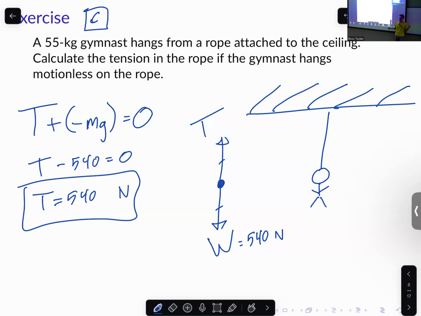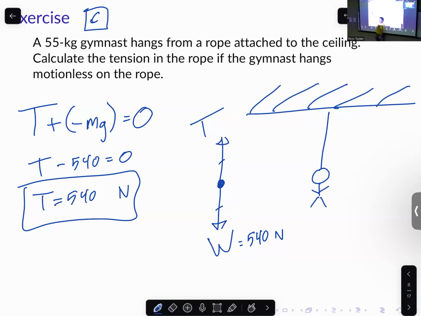This isn't every problem we're going to do, but these are some of the problems we're going to do. Let's review again the steps that we did. Sketch it, think about the identity of forces. Write down the identity of those forces with little labeled arrows, showing which way. Write down Newton's law. In this case, there is no acceleration, so the right hand is 0.